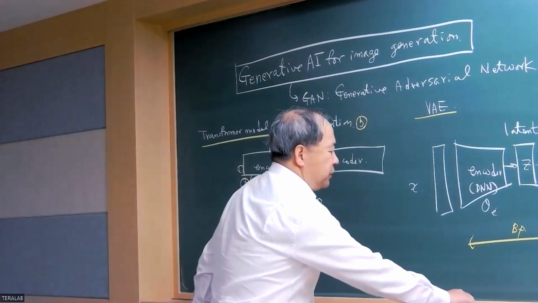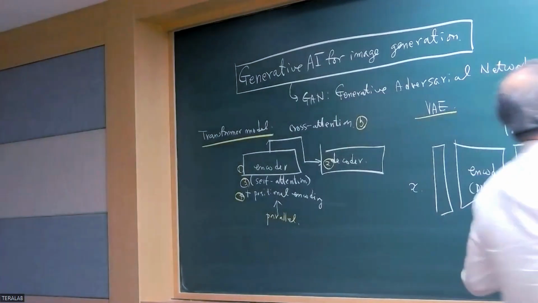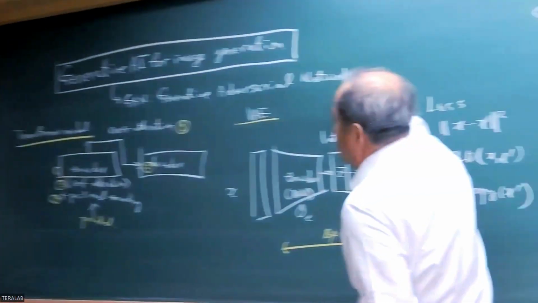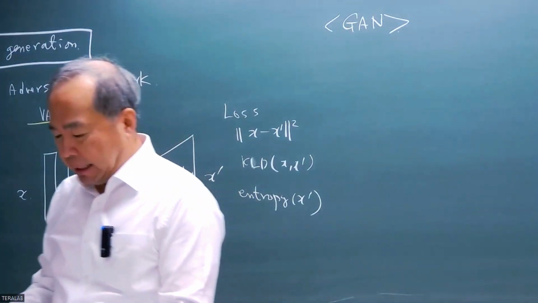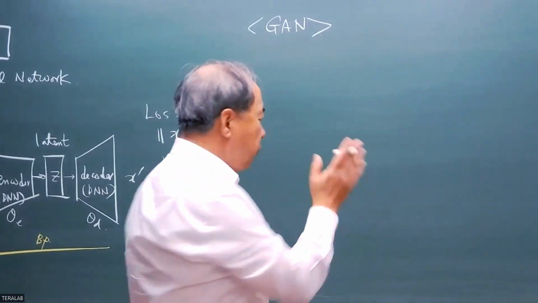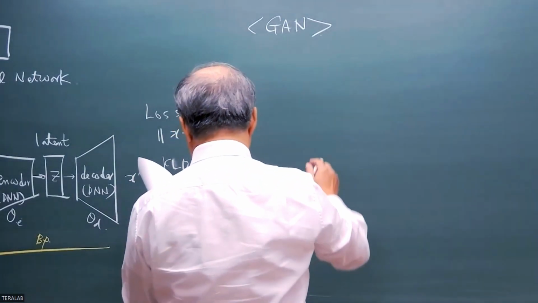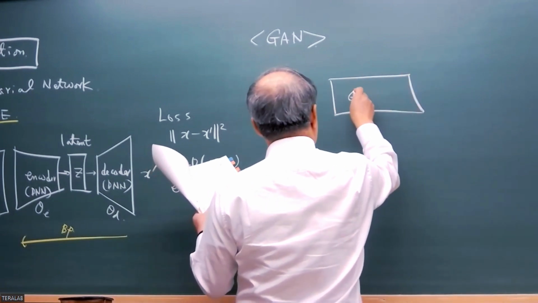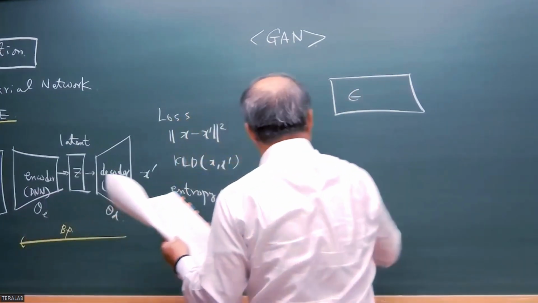The third type of generative AI is GAN, generative adversarial network. That is the main subject of class today. It has two parts, with quite different architecture. It has a generator network.